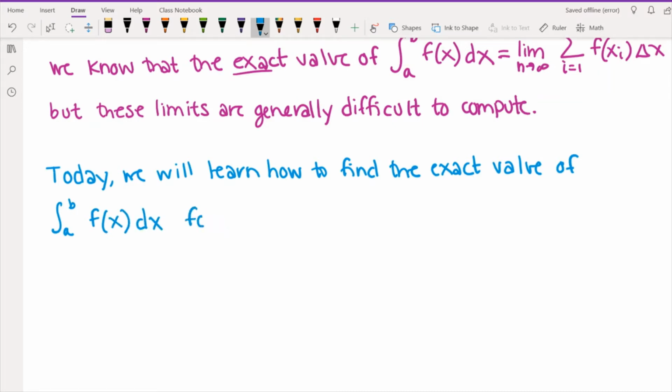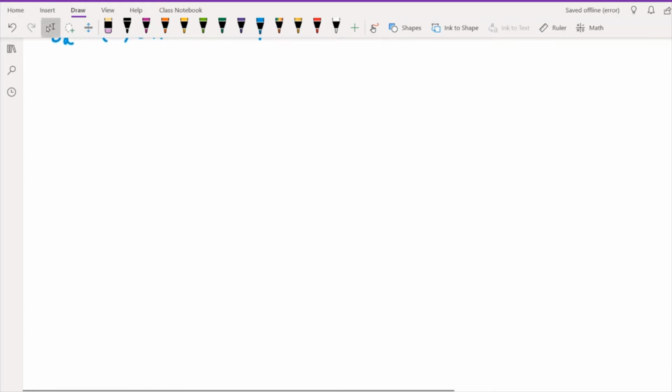And I'm going to say for any function f of x, that's actually not quite true, and I'll get to that. There are some functions that this won't work for, but for the most part, this is the method we'll be using for most functions that we're going to be encountering. Okay, so now we're ready to introduce the fundamental theorem of calculus, part 2.